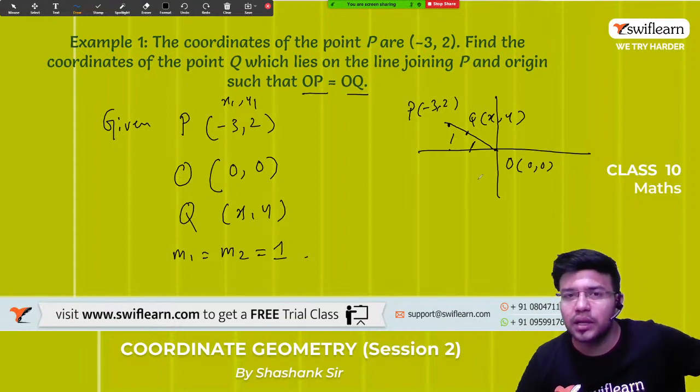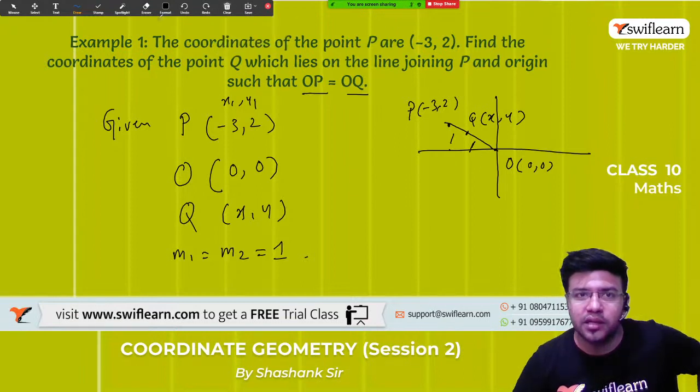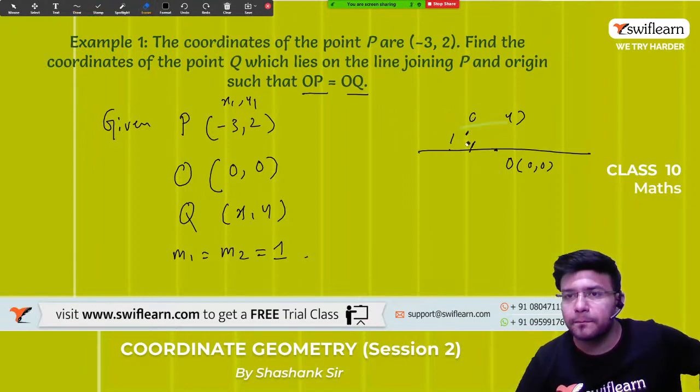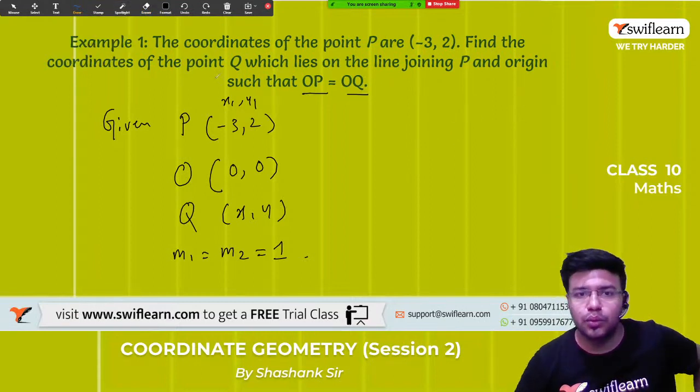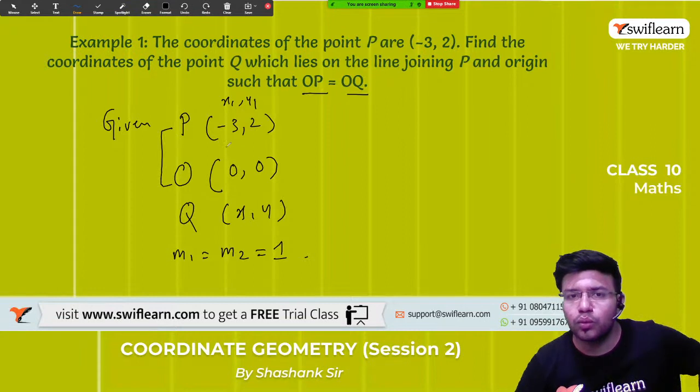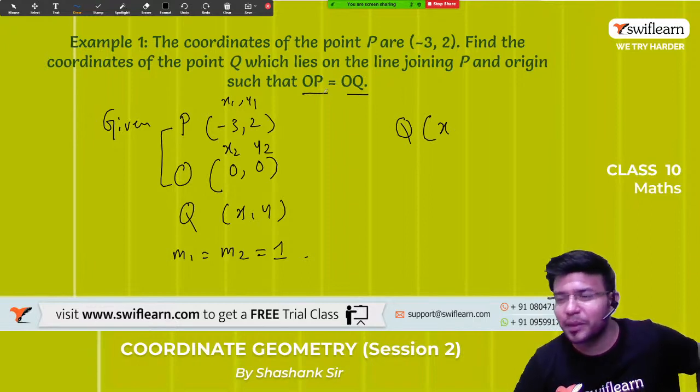Okay, so let us find the coordinates of point Q now. Should I erase this diagram? Okay, so point P and O, this is x2, this is y2. So we need to find midpoint formula. How to find midpoint formula for the point P? Sir, previously P लिए थे ना. Okay, P यहाँ पे दूसरा point दिए, so Q is the midpoint दिए, so we need to write like this.